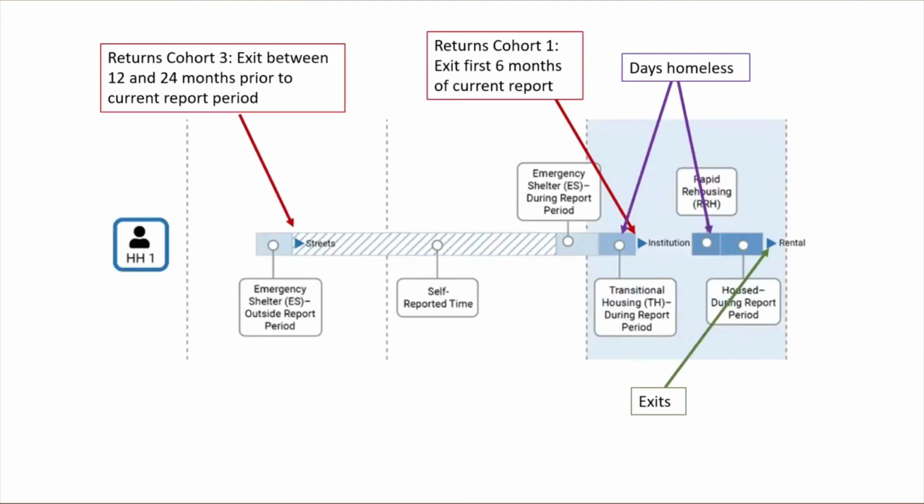Now let's pull it all together and look at each example household to see what data universes they are included in. Household 1 is included in the base universe, the days homeless universe, the exits universe, and the returns universe for exit cohort 1 and exit cohort 3.